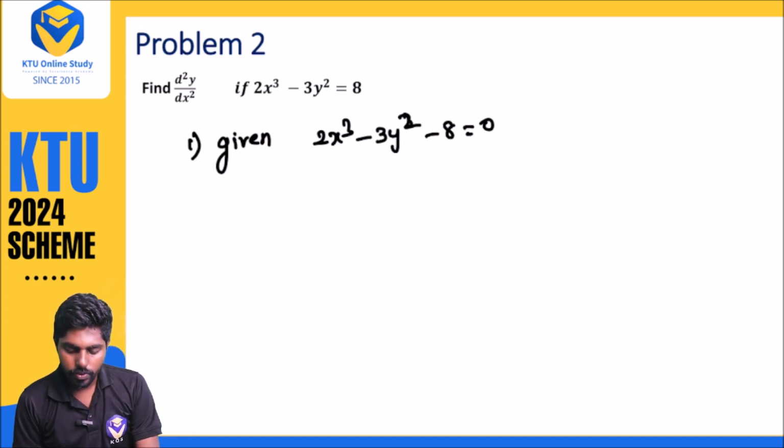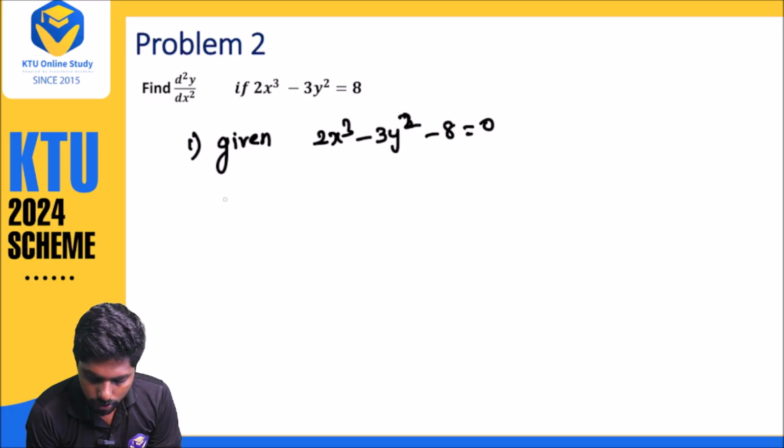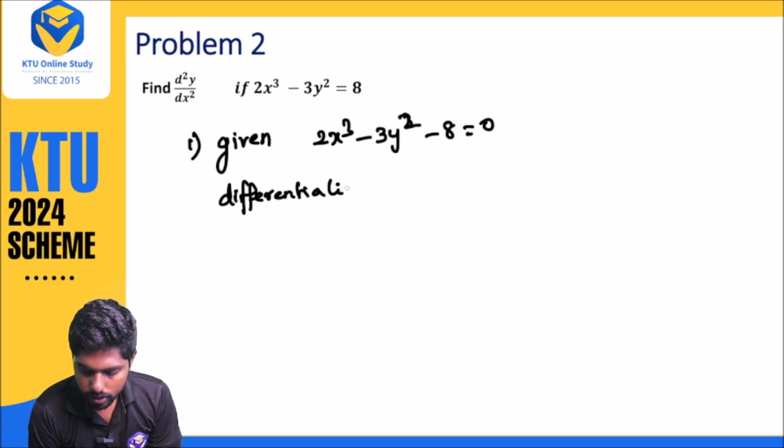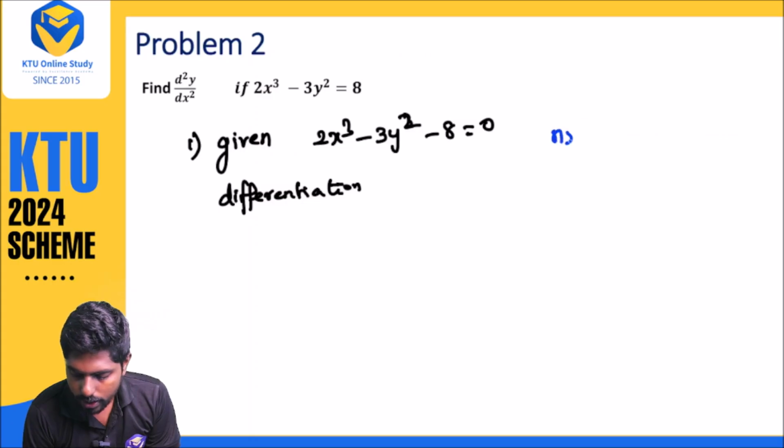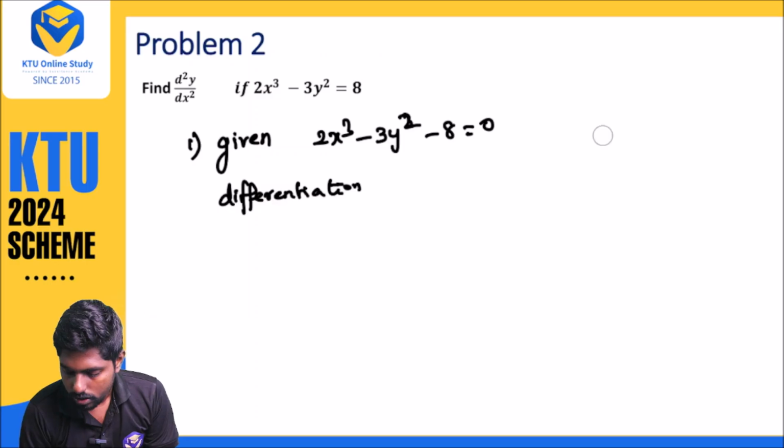So when we differentiate, we use the formula: derivative of x power n is n into x power n minus 1.